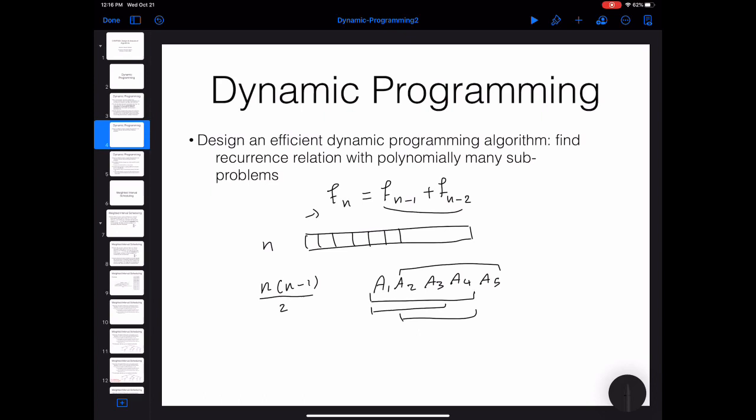So these are all possible subproblems that you can have, and in this case the number of subproblems is n(n-1)/2, which is polynomial, of course. And to use the subproblems to get the answer for the larger problem, we just need O(n) again.